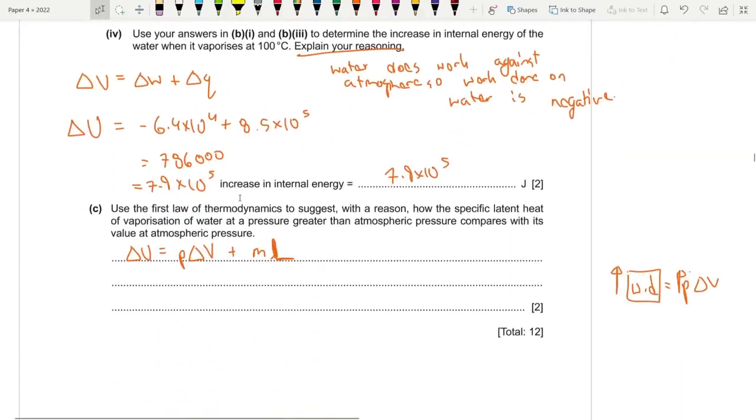But using the first law of thermodynamics, we can state that since the value of pressure increases, this value as a whole becomes more negative. But we need this same increase in internal energy. We need this value to change the state. Do you guys understand? So how can we achieve that for the same mass of gas? So let's see the reasoning.